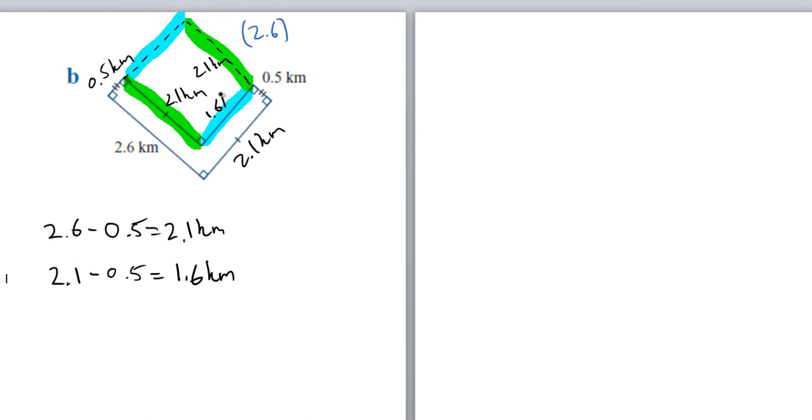So now we actually have all the sides. To make it easier to see, I'm going to draw out this shape as best I can on this side of the page, just so that it's a bit clearer. And then we have all our measurements. So we have the same sort of boot shape that we had before.